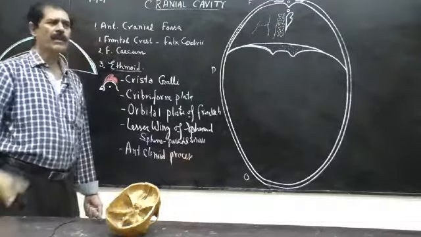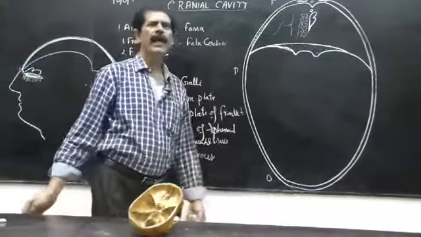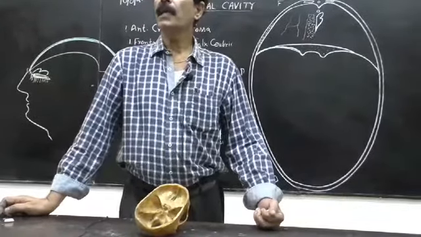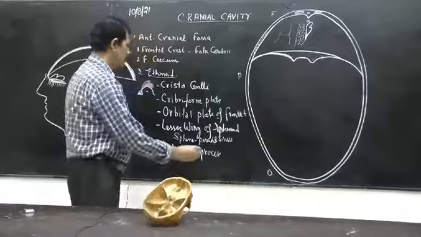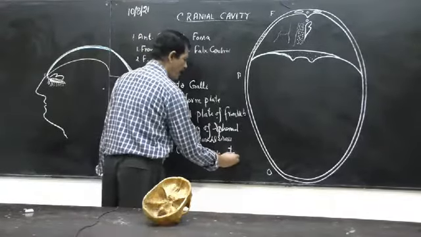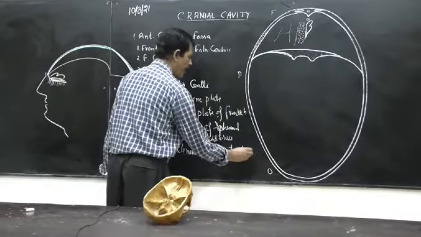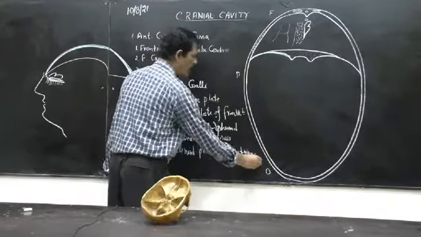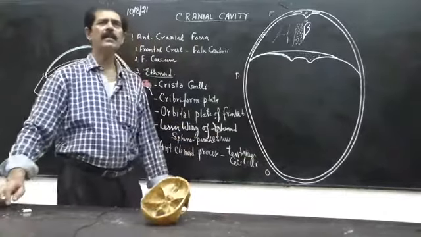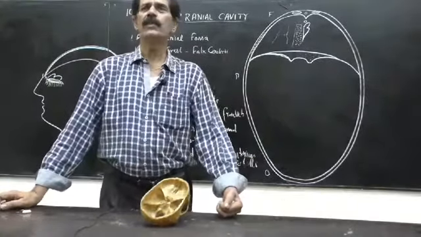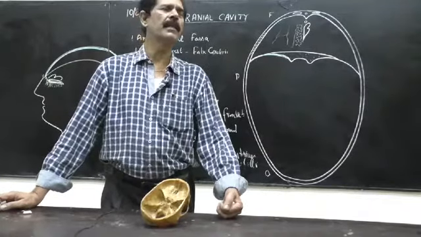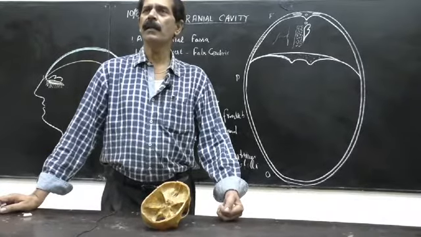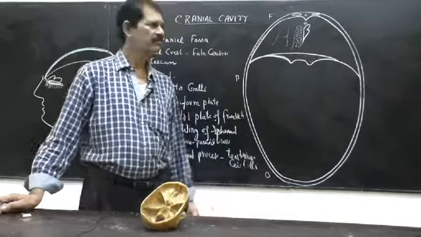And the anterior clinoid processes give the attachment to the anterior part of the tentorium cerebelli, which is a tent-shaped horizontal sheet of the dura mater, below which the cerebellum lies and above it lies the cerebrum. So anteriorly it is attached to the anterior clinoid process.